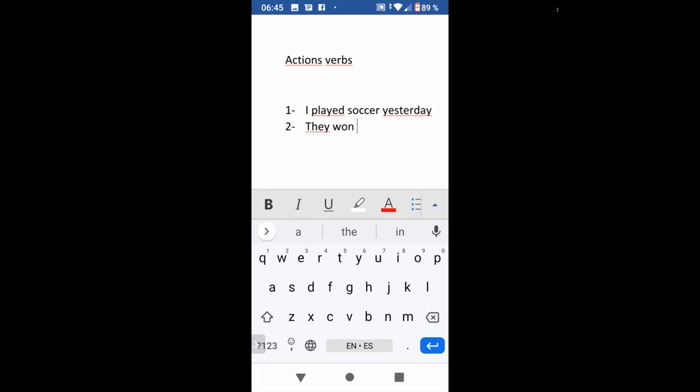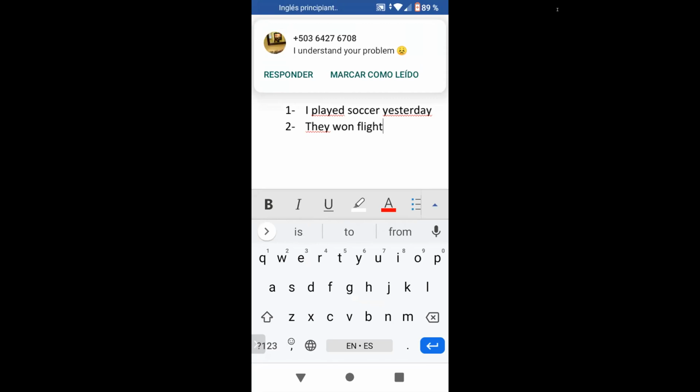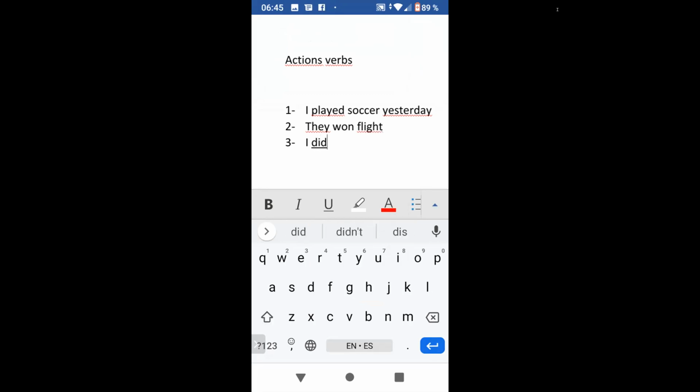They won a flight. I didn't eat sushi. Did they come yesterday?